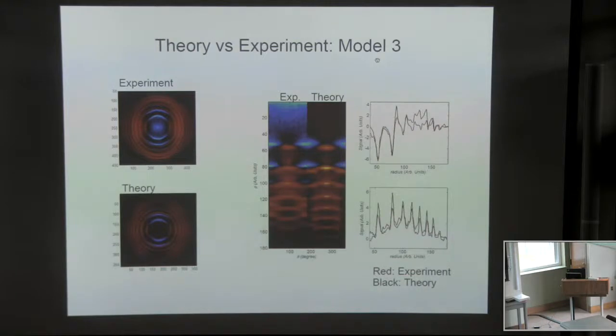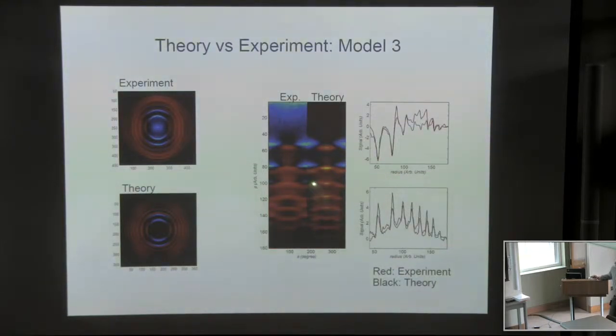I'll now have a look at my Model 3. And if anything, Model 3 seems to be a little bit worse. You can see there are some features here different in the theory that don't appear to be there in the experiment.